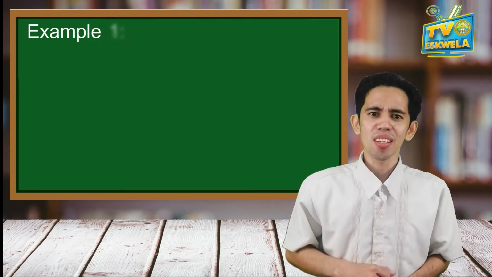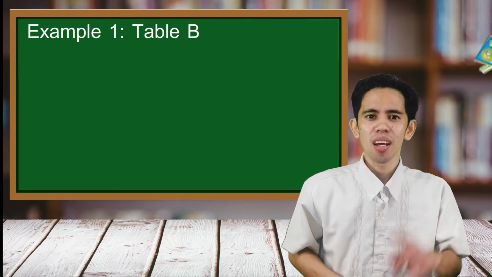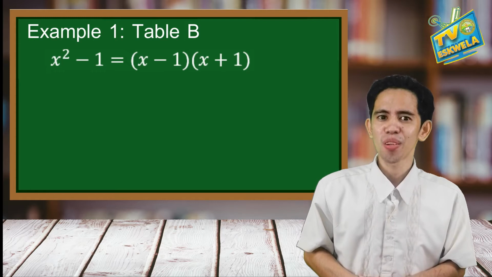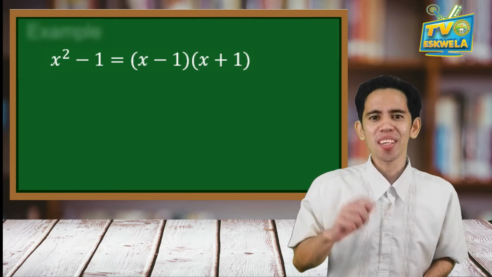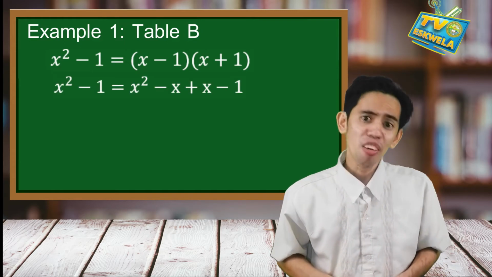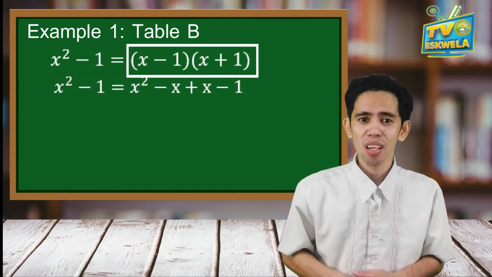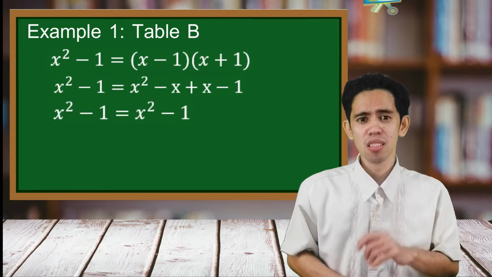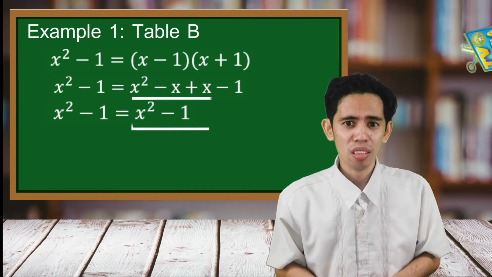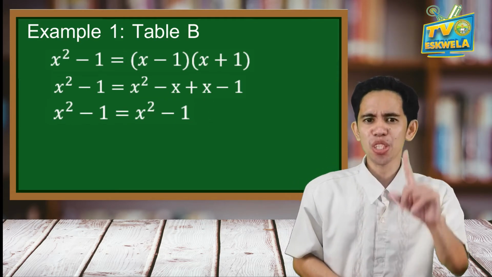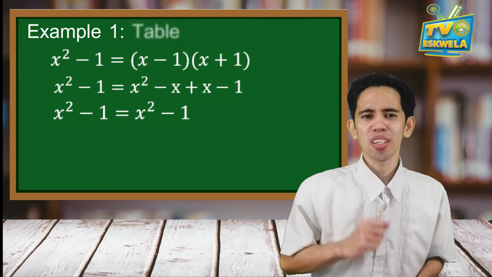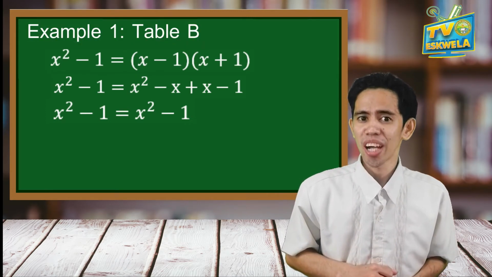For our identity examples, we have x squared minus 1 is equal to quantity x minus 1 times quantity x plus 1. If you multiply the right part of the equation, you will come up with x squared minus 1 is equal to x squared minus 1. Since they have the same expressions on both sides of the equation, then the equation is an identical equation or identity.